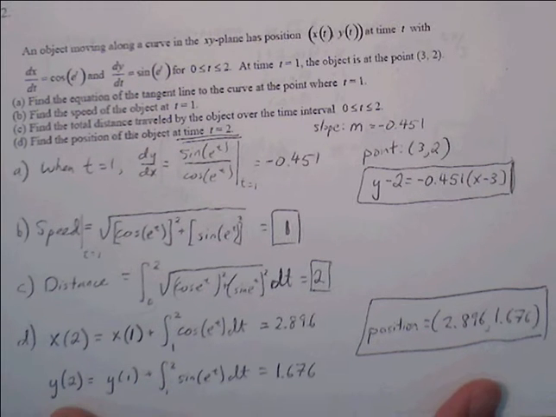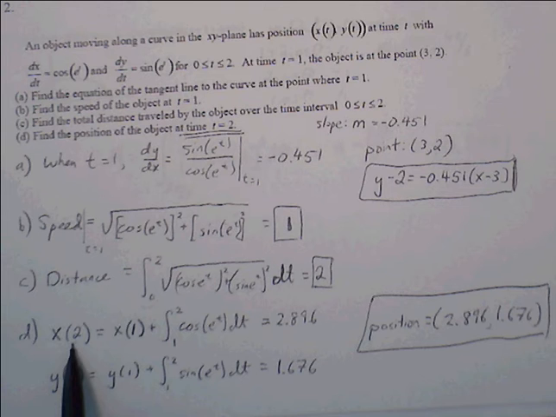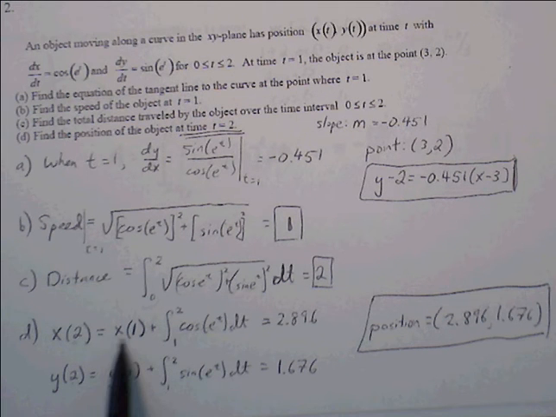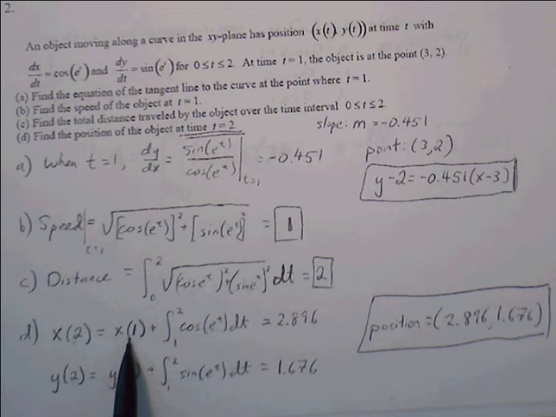Okay, for D, find the final position of the object at time t equals 2. So we want to find x of 2 and y of 2. We can group all the information regarding the horizontal component together, and all the vertical components together. So x of 2 is equal to, now what's given is x of 1.